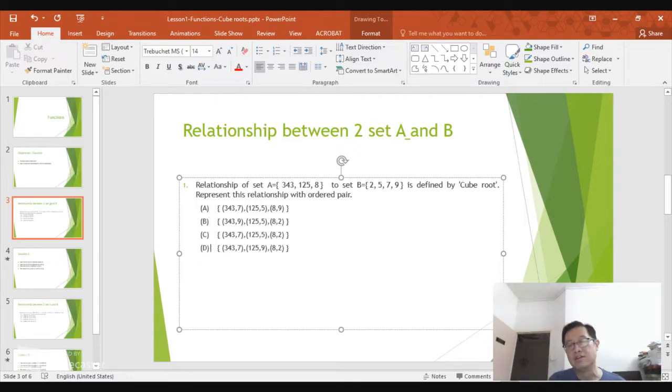Now you look through option A. What is the answer in your A? 343, then 125, and 8, 9.